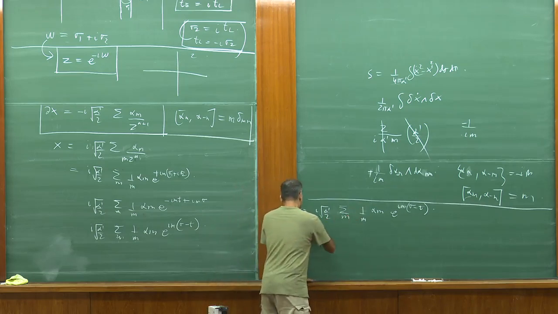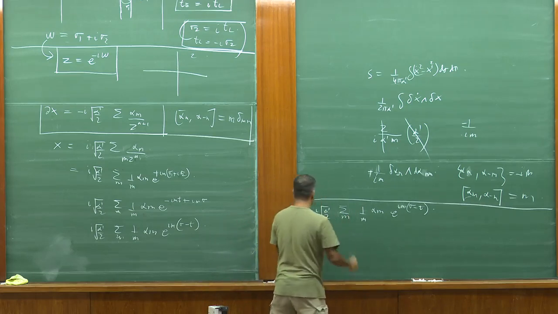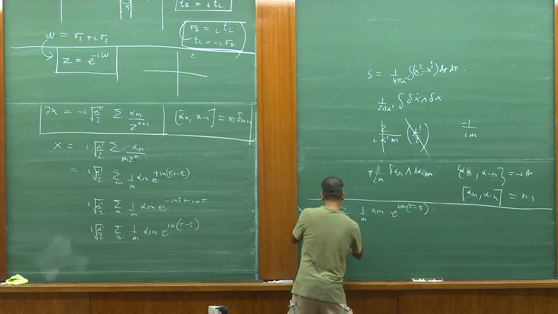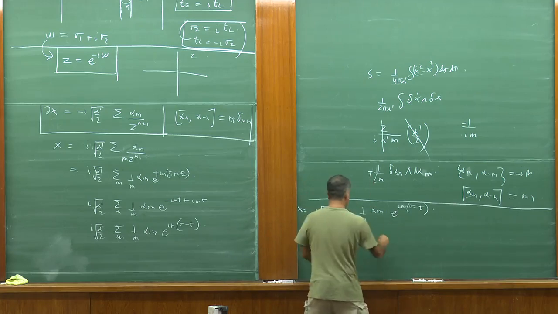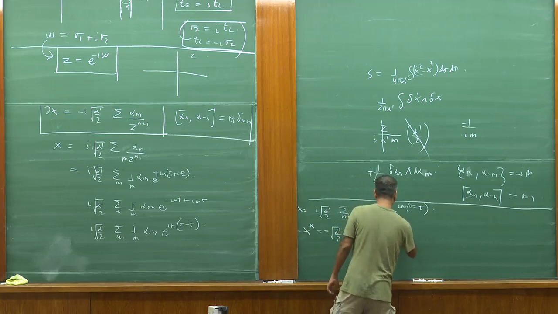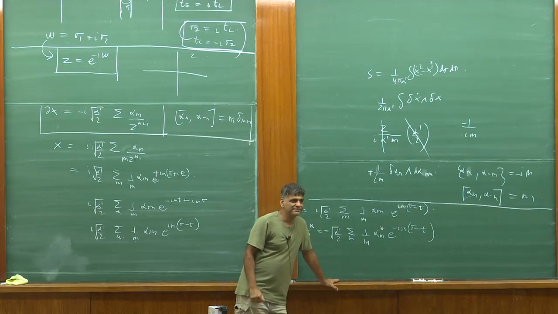So x complex conjugate is what? So this gives you a minus sign from here, okay? Square root alpha prime by 2 sum over m 1 over m alpha m star e to the power minus i m sigma minus t. Is this clear?